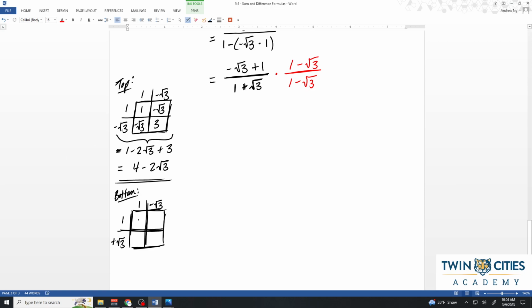So this will be 1. Then we've got negative square root of 3 here. Positive square root of 3. And then negative times a positive. So that's going to be a negative, and then square root of 3 times square root of 3 is 3. So this will be negative 3 here. Now, when I go to combine like terms for this, I've got a positive square root of 3 and a negative square root of 3. So those will subtract out, leaving just 1 minus 3, or negative 2.